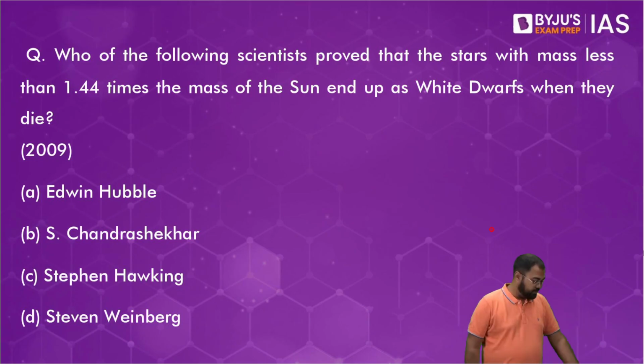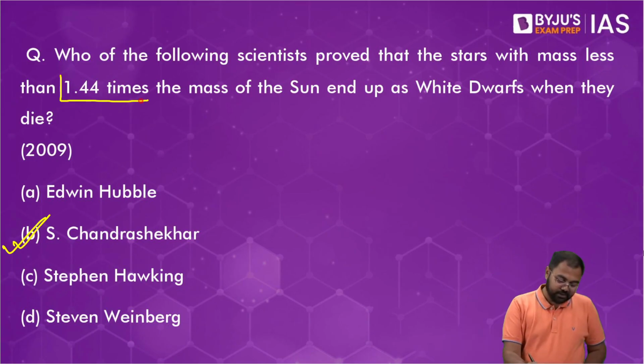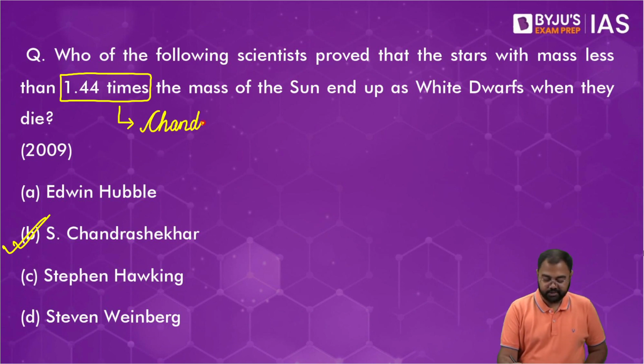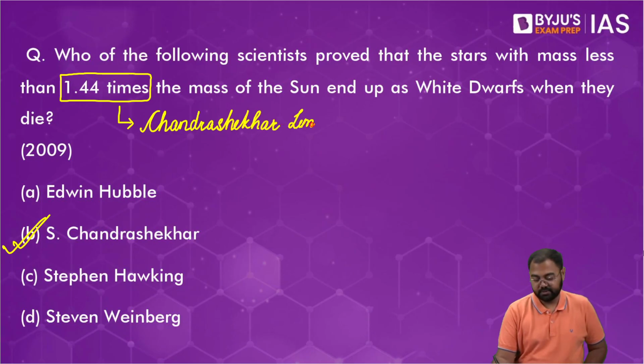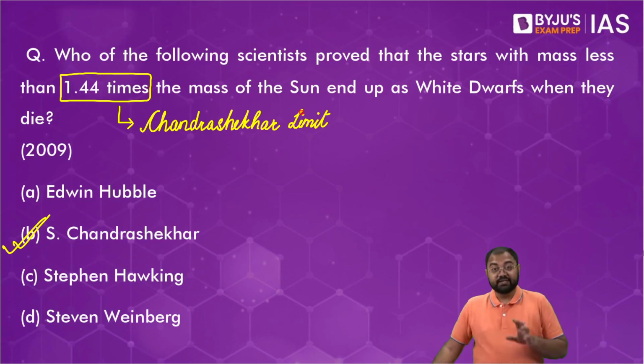Remember, this 1.44 times is also called the Chandrasekhar limit, if you have heard of this term, Chandrasekhar limit, because he was the one who proved that if a star has mass up to 1.44 times the mass of the sun, then it will convert into a white dwarf, and white dwarf only.